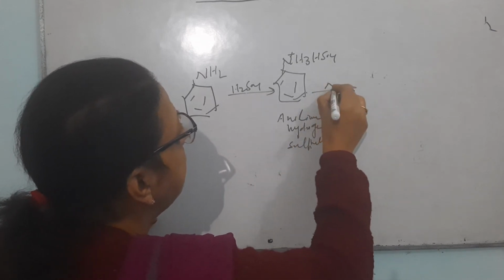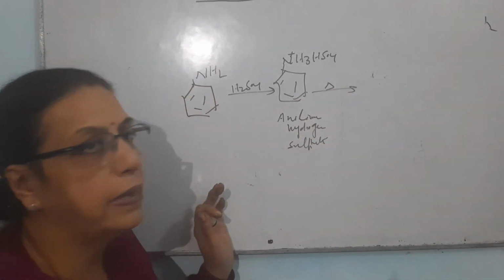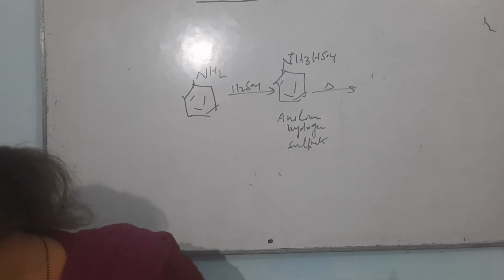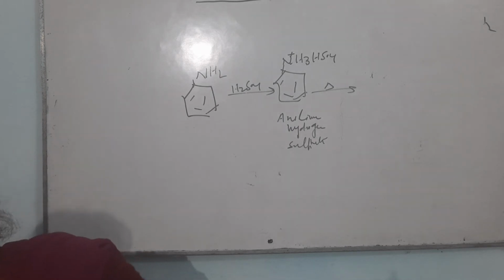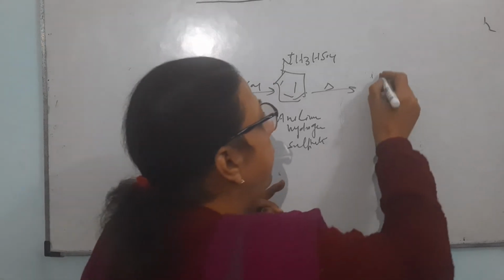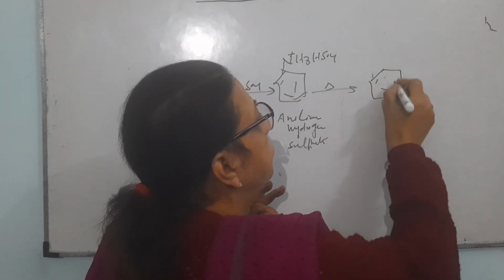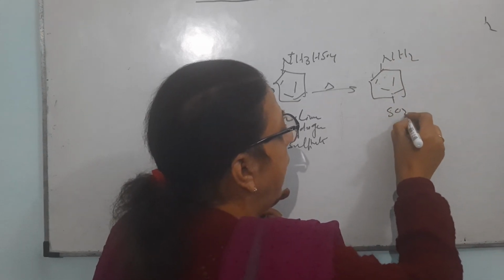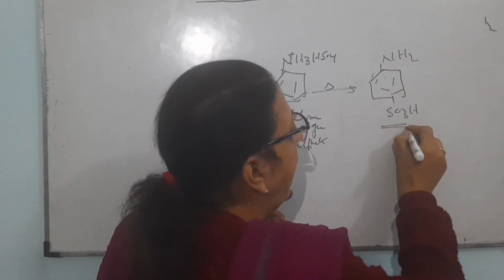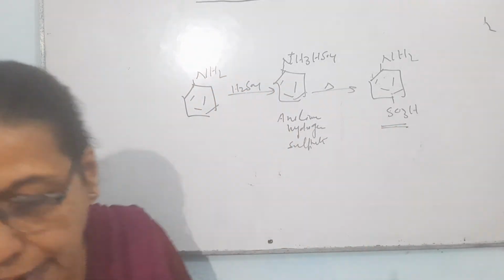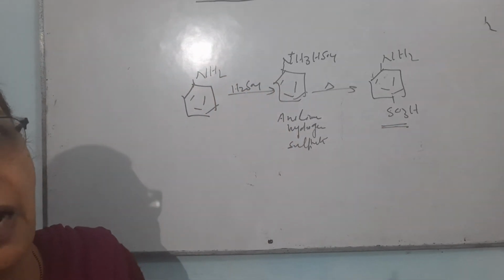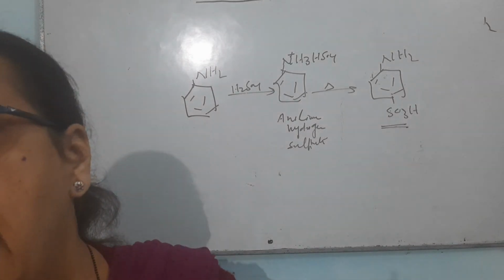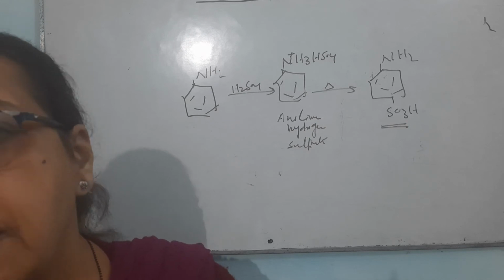When it will be heated, there will be a formation of a dipolar compound which is known by the name of sulfanilic acid. There will be formation of NH2, SO3H. This is a dipolar compound. It carries positive as well as negative charge, and this is known by the name of zwitterion.